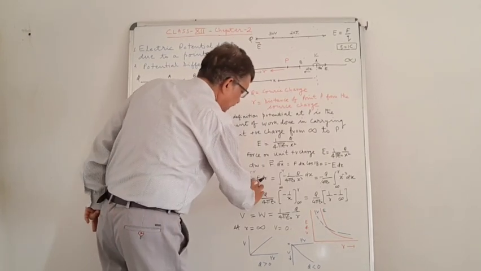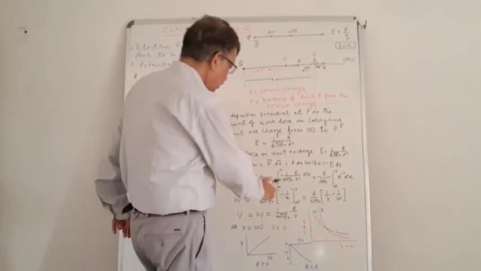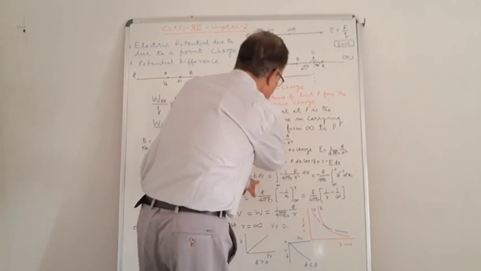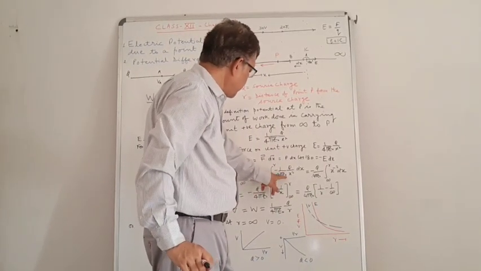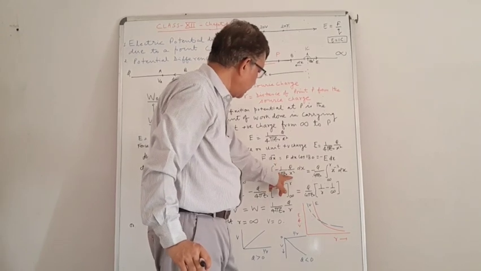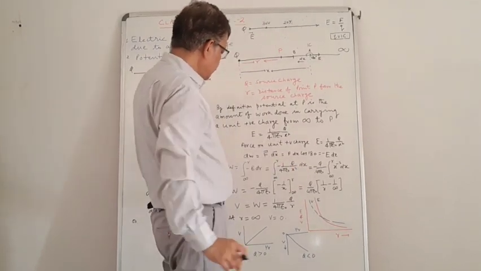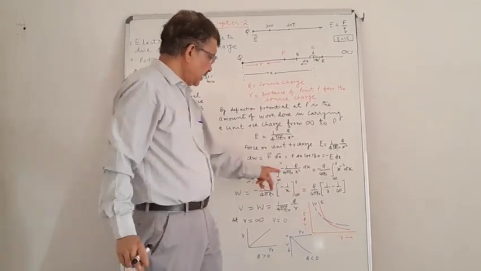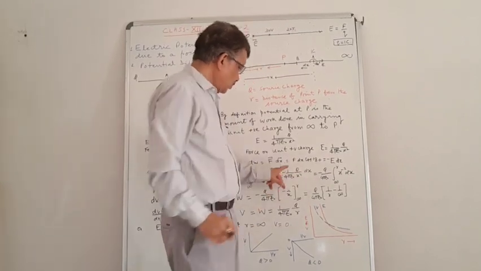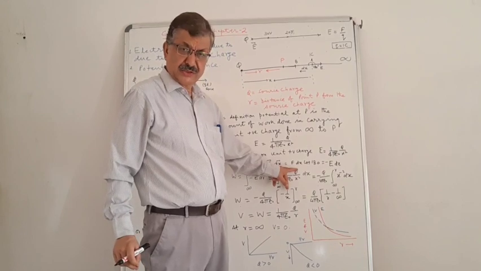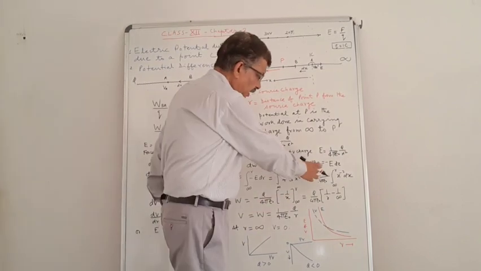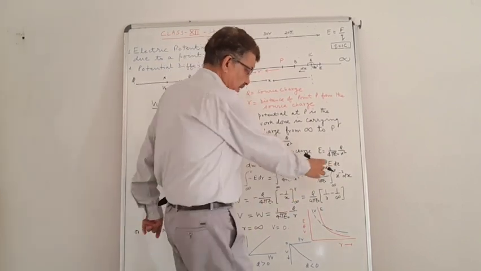minus E into dx. So now, putting the value of E over here, minus 1 by 4 pi epsilon naught Q by x square into dx. Now this Q is a constant, so that will come out of the integral.